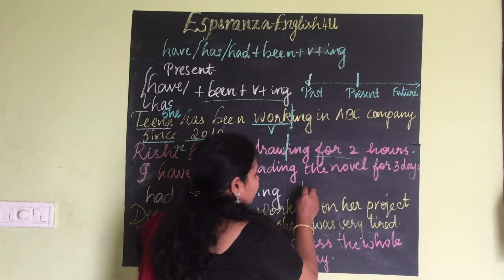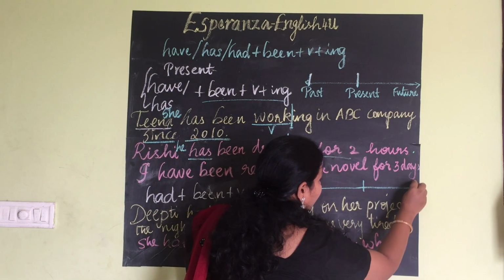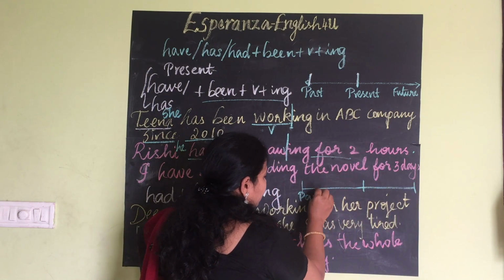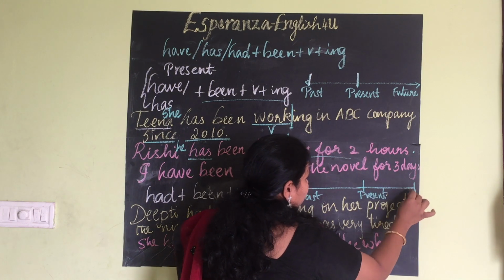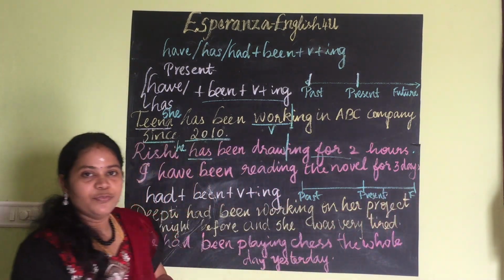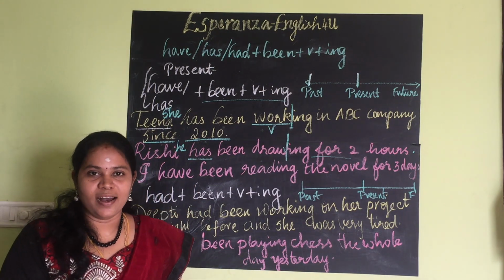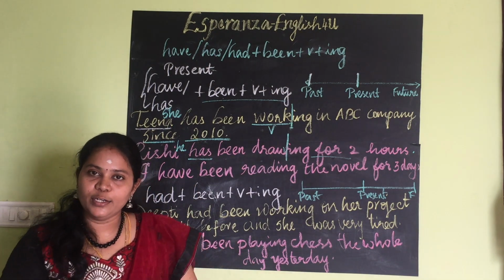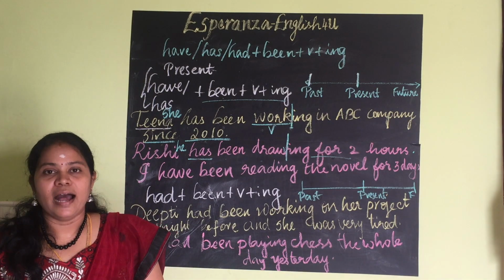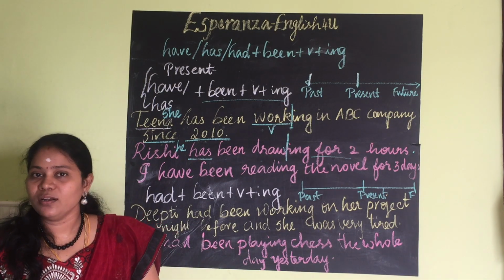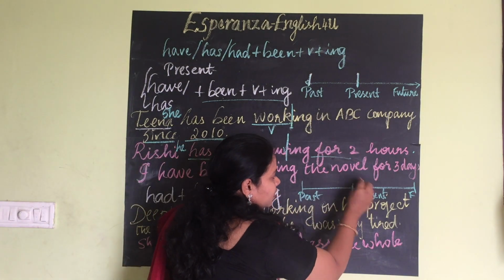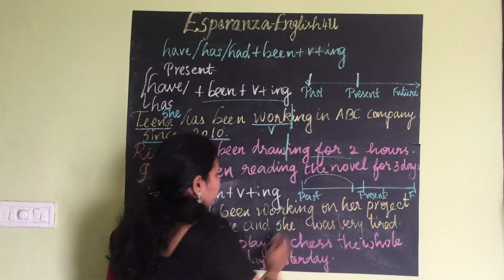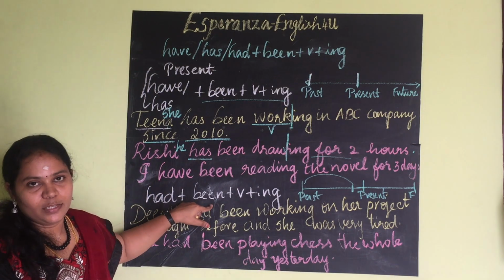If the action had started in the past or began in the past, continued for a certain period of time and ended in the past, not continued till the present, there we can use past perfect continuous.